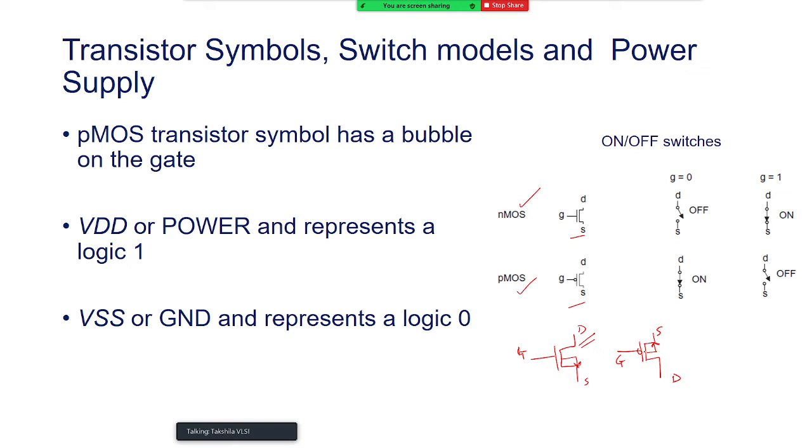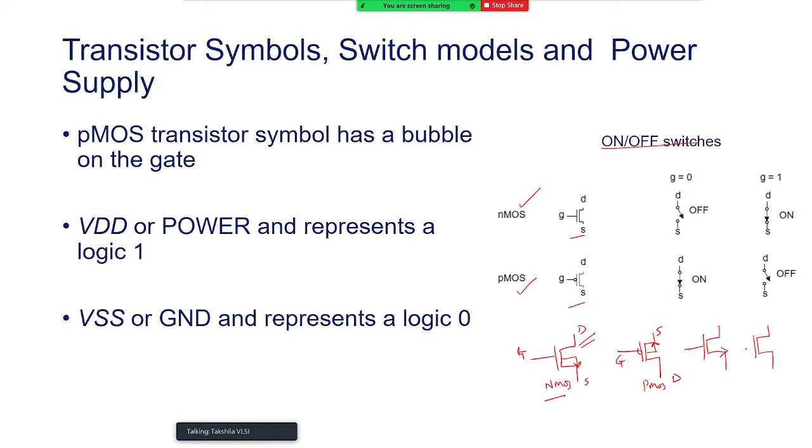So just remember, when you see a bubble, you have this PMOS, and when without a bubble, this is of NMOS. And we know now that in PMOS, the arrow is inward direction, right? It is opposite, right? There is one more.